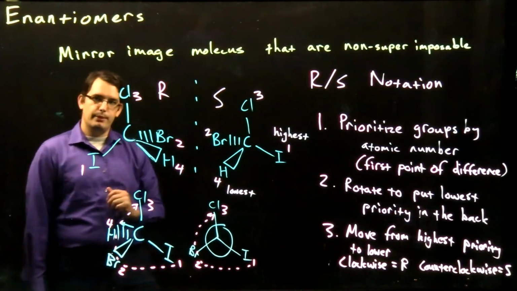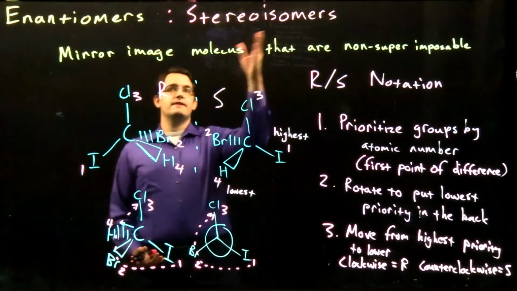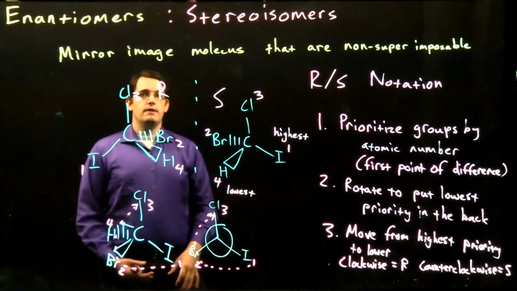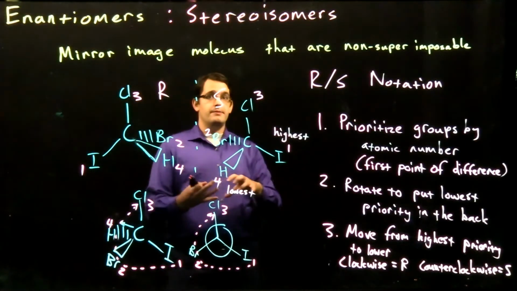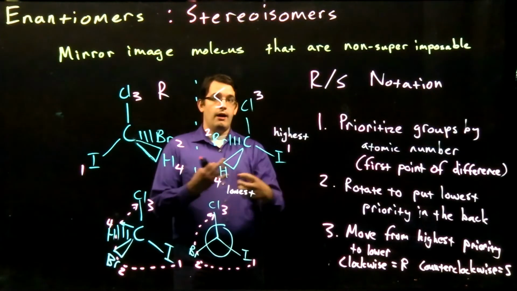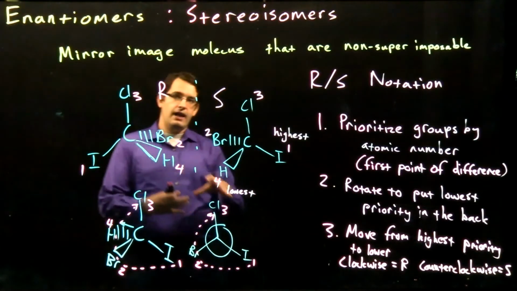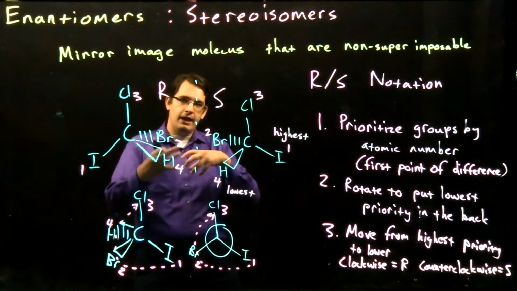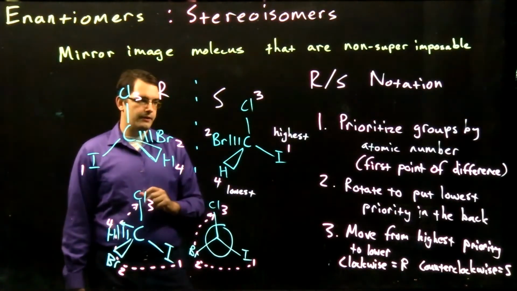Enantiomers are specific examples of what we call stereoisomers. So stereoisomers are any kind of isomer that differs not in terms of where our atoms are connected or what atoms are connected to each other, but just a spatial 3D kind of difference in how our atoms are positioned in our molecule.